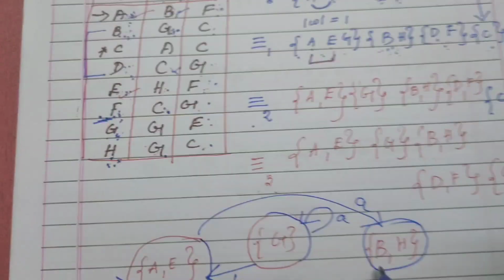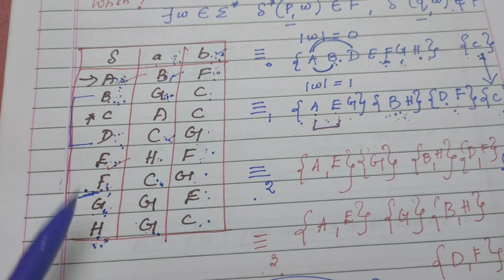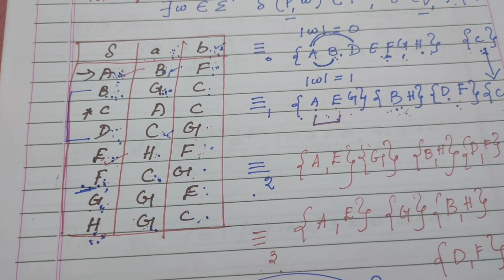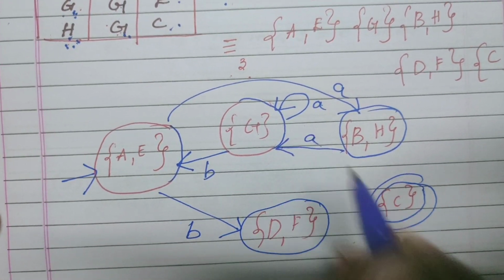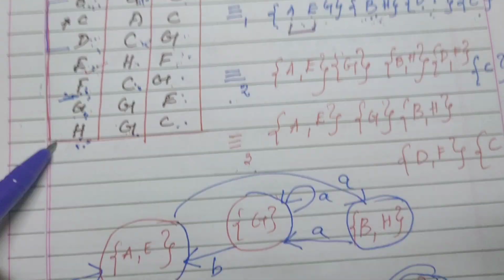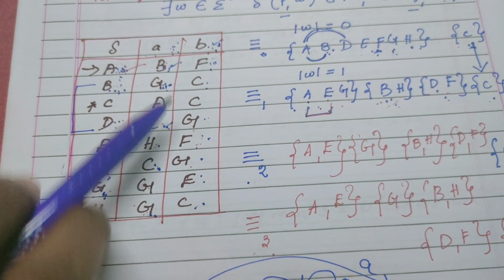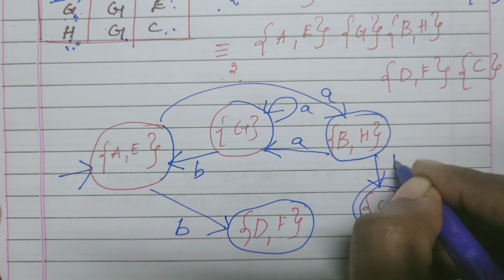I'll give the proof now that B and H are indistinguishable. From B and H on reading A, it goes to the same state G. Same B and H on reading B, it goes to the state C. Yes, we are done with this.